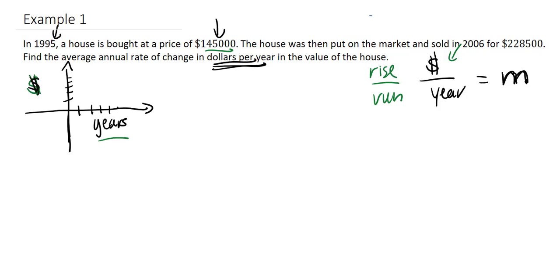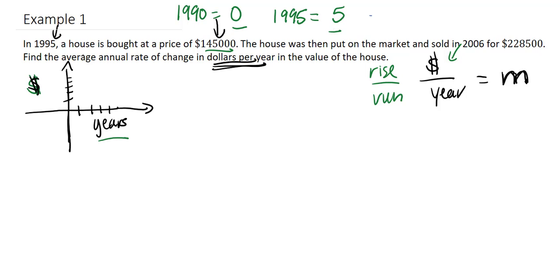Instead of using 1995, let's say 1990 equals 0. Therefore, 1995 is 5. We're just changing the number line. We can do that because we're going to get the same result.